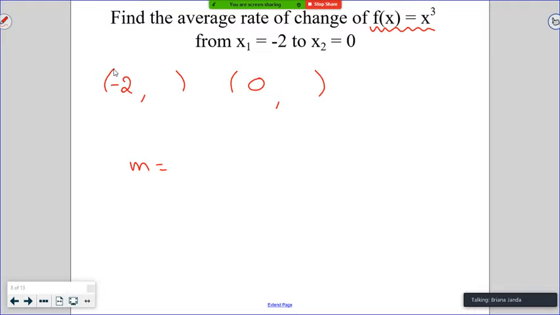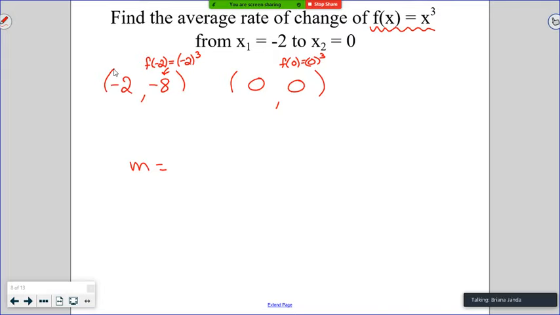So to fill in here, I will do f of negative 2. And f of negative 2, I'm plugging that into my function, is negative 2 cubed. I put that answer in this spot right here, and negative 2 cubed is negative 8. f of 0 is 0 cubed, and 0 cubed is 0. Now, you can go about it this route, is write out the ordered pairs.